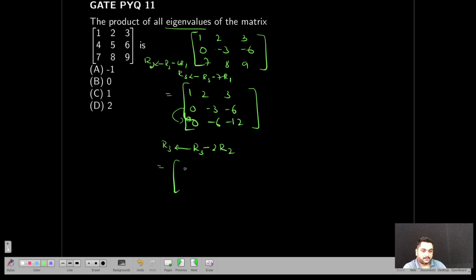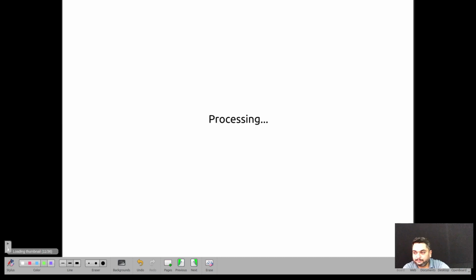So this will become 1, 2, 3, 0, minus 3, minus 6, then 0, 0, 0. So the diagonal element is 0. So the product of 1 into minus 3 into 0 is 0. Determinant of this is 0. That is, the product of eigenvalues is 0.